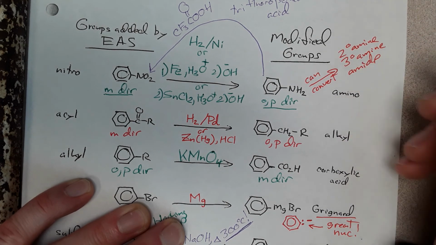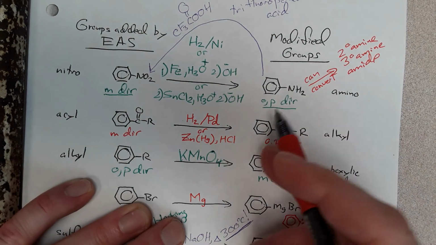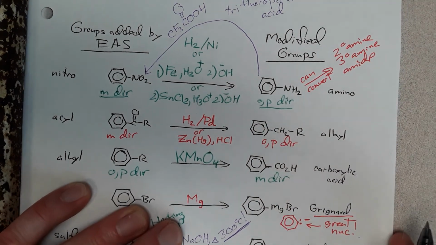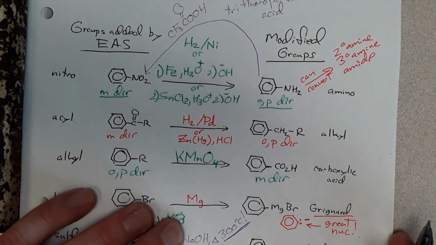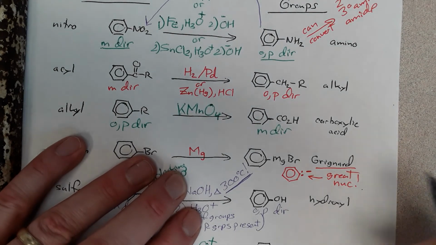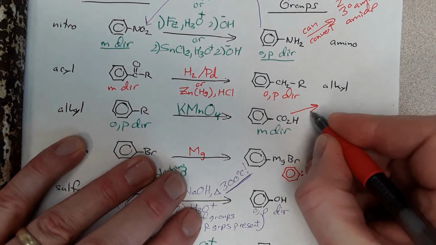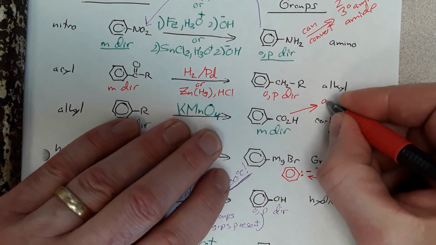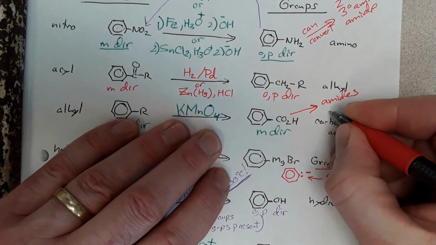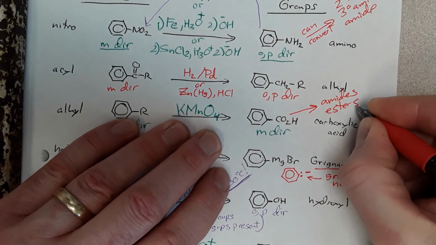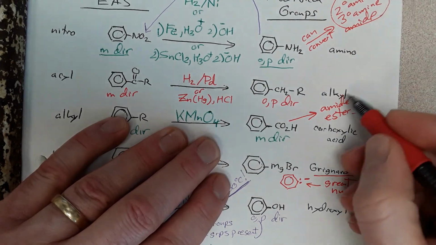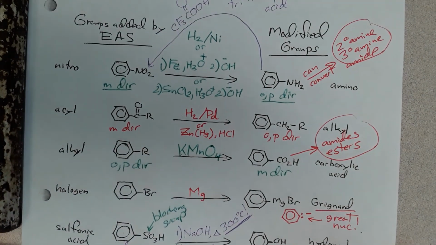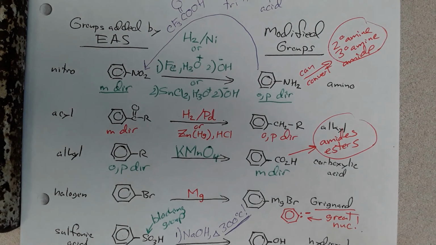All those things this can be converted into. And then carboxylic acids also can be converted into other carboxylic acid derivatives, such as amides or esters or anhydrides or things like that. So this is giving you an entry point into a variety of other functional groups.